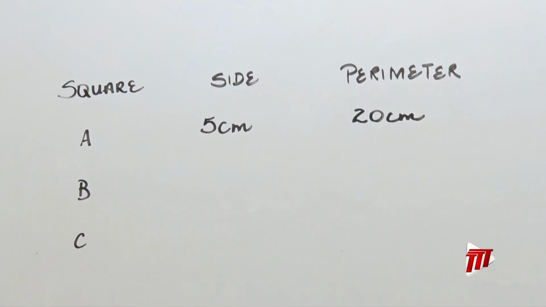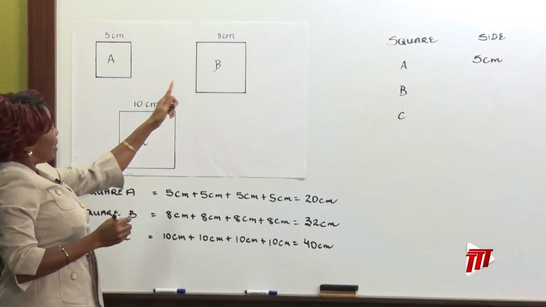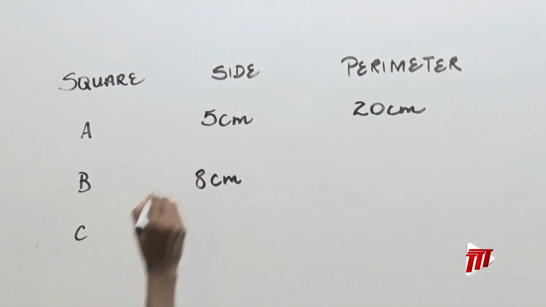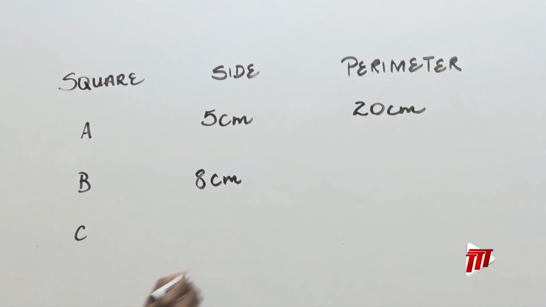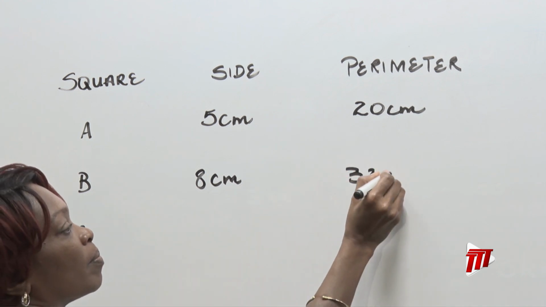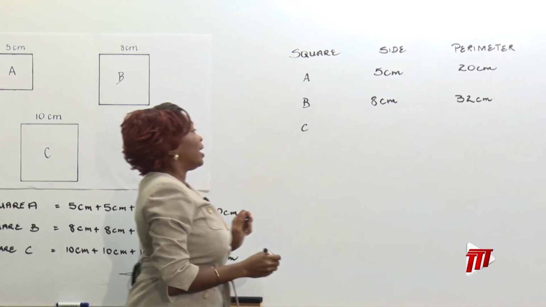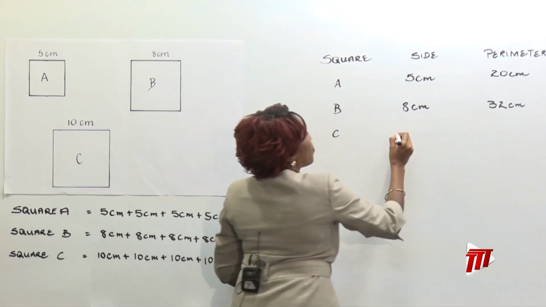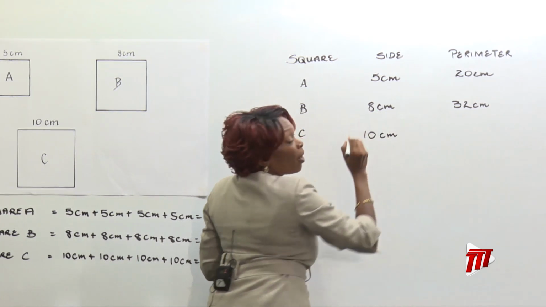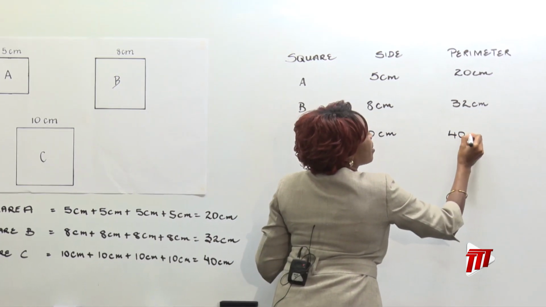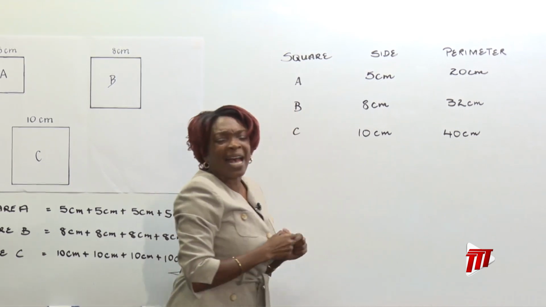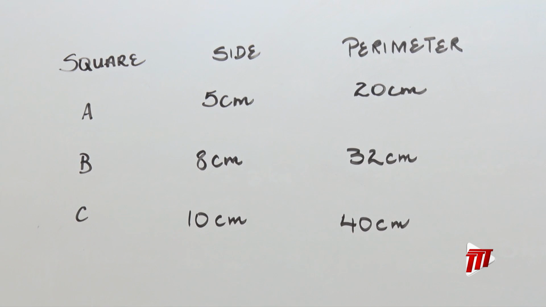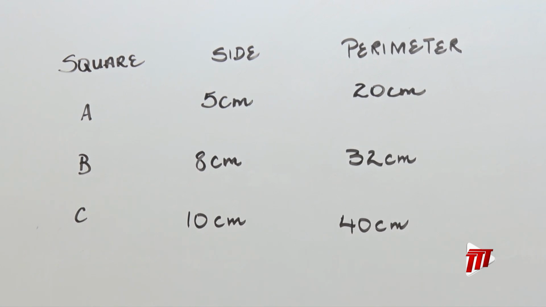Likewise, square B, the length of one side, 8 centimeters. Its perimeter, 32 centimeters. And finally, square C, length of one side, 10 centimeters. Its perimeter, 40 centimeters.